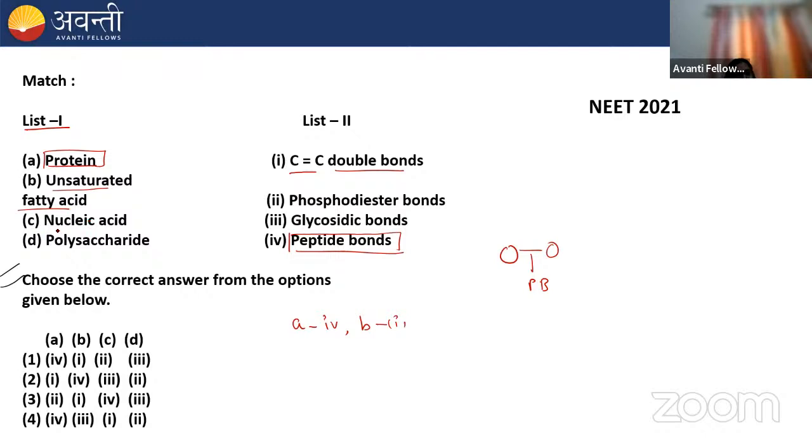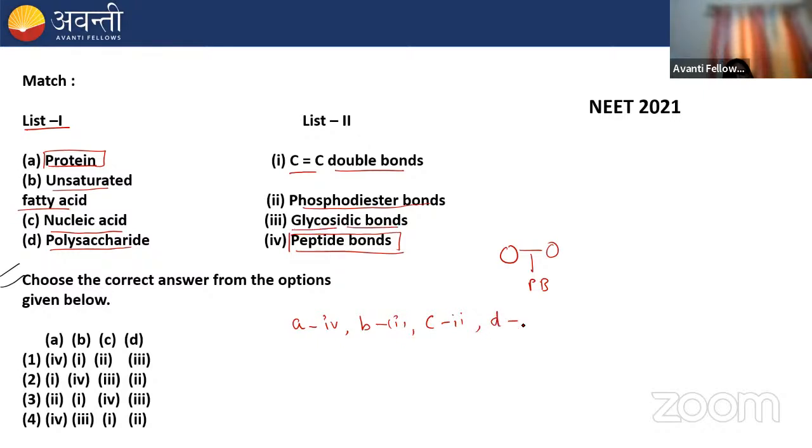C says nucleic acid. Nucleic acid shows phosphodiester bond. Remember the bond between the phosphate and the sugar, that is a phosphodiester bond. So C is 2nd. And D, polysaccharides. Polysaccharides like cellulose, starch, glycogen, all polysaccharides show glycosidic bond.